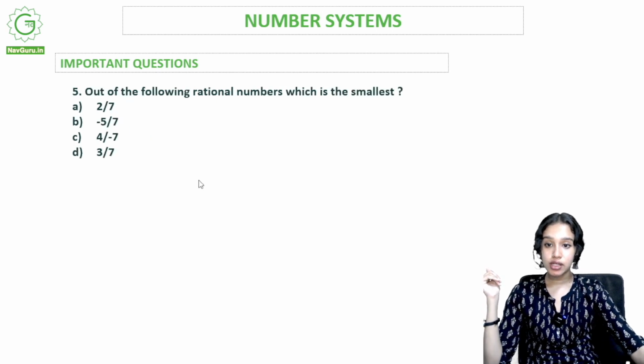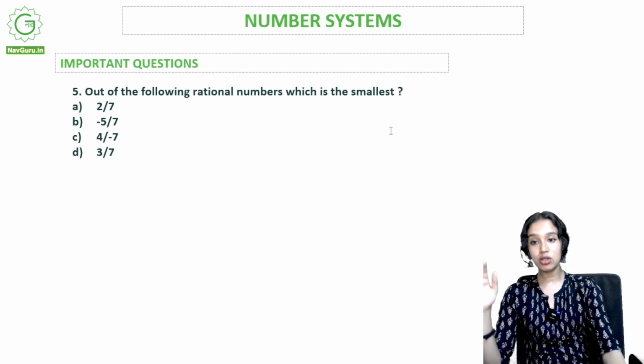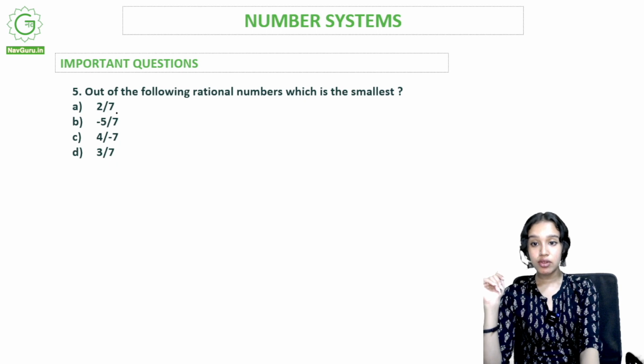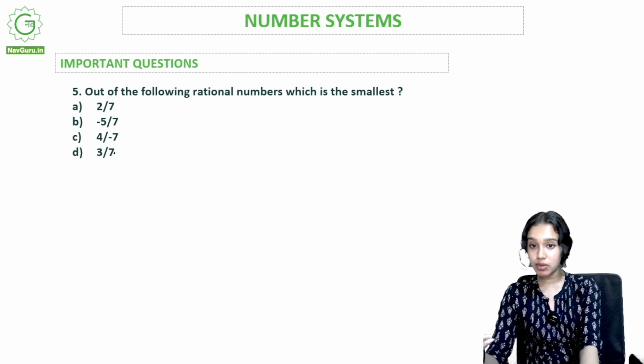Moving on to the next question. Out of the following rational numbers, which is the smallest? So firstly, when you're looking at the options of these questions, we got 4 options here. 2 of them are negative numbers and 2 of them are positive numbers. So which is the smallest one?